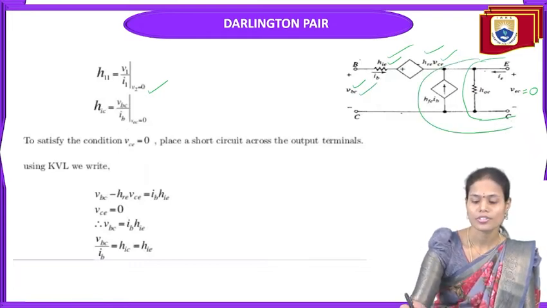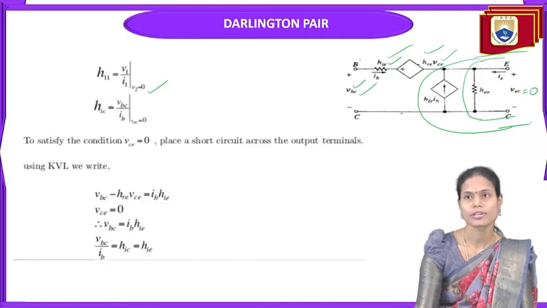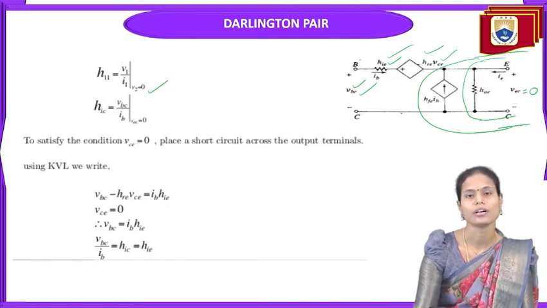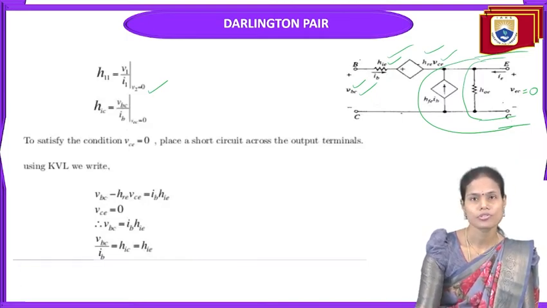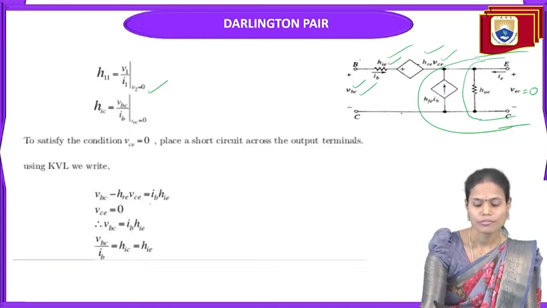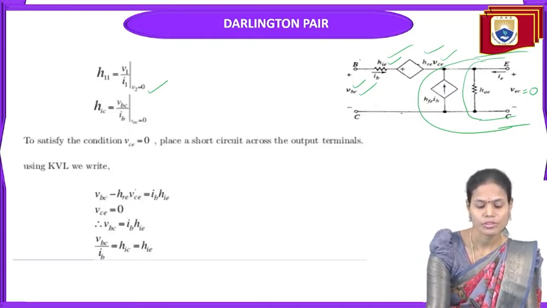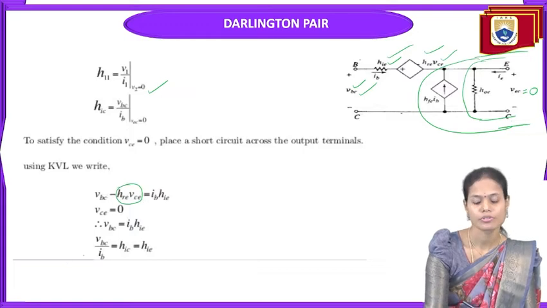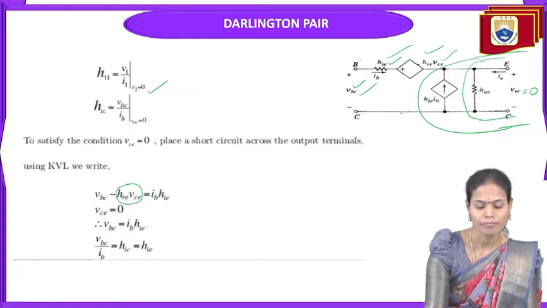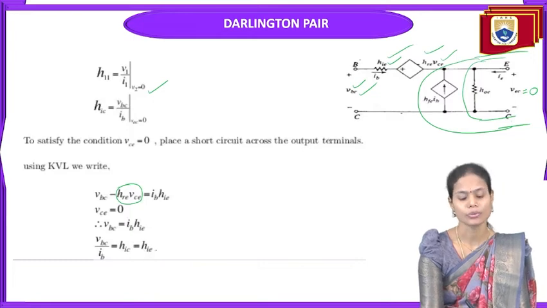Because these are short circuited. Once the output terminals are short circuited, the elements which are connected to them are also short circuited here. So here VCE equal to 0, so this total term is 0. Once this total term is 0, we will get VBE equal to IB HIE. So from this we can write VBE by IB equal to HIC, and that is equal to HIE.